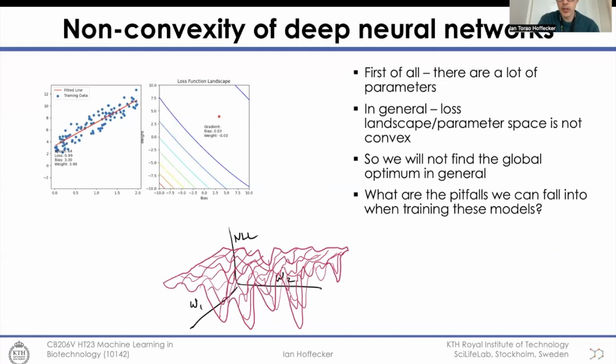Whereas with these nonlinear models, with neural networks with a lot of parameters, our loss landscape is going to look something more like this. Maybe it's going to have a lot of pits and valleys. And if we imagine we're a blind walker on this surface, where our directions of movement are defined by parameter axes, and our elevation is defined by the value of the loss function, it's going to be very hard for us to know if we're in a global minimum, or where we should go if we happen to be trapped in a local minimum.